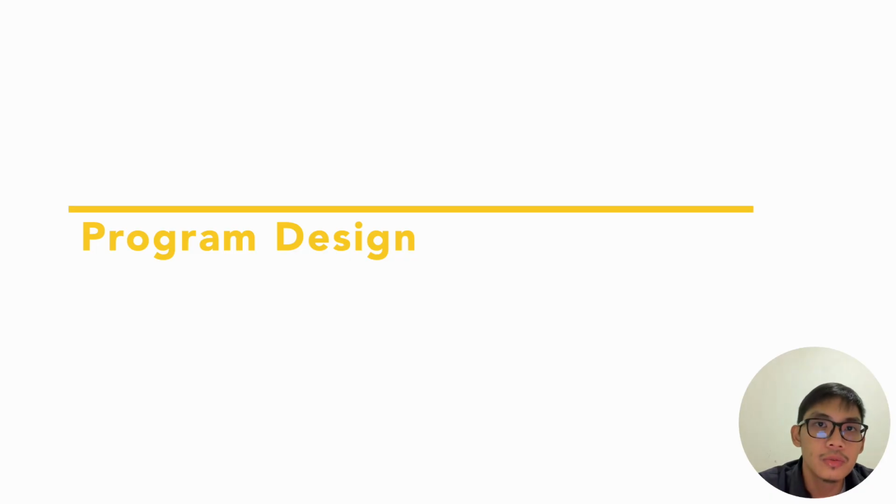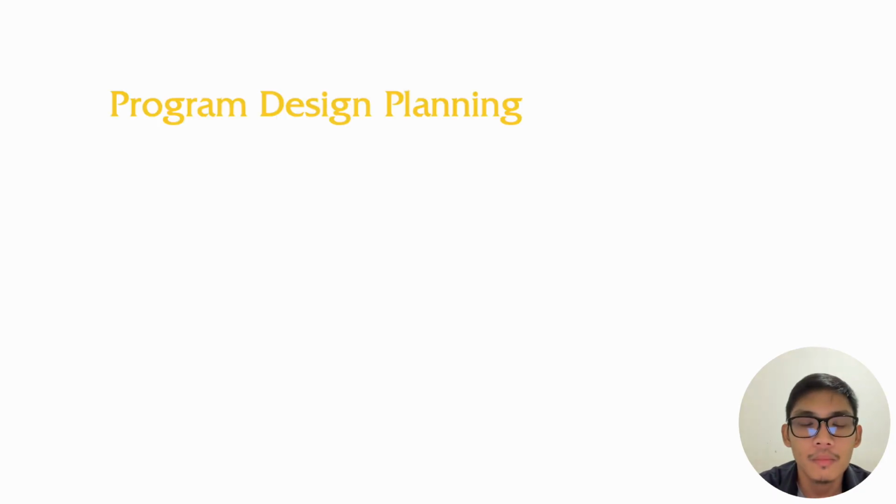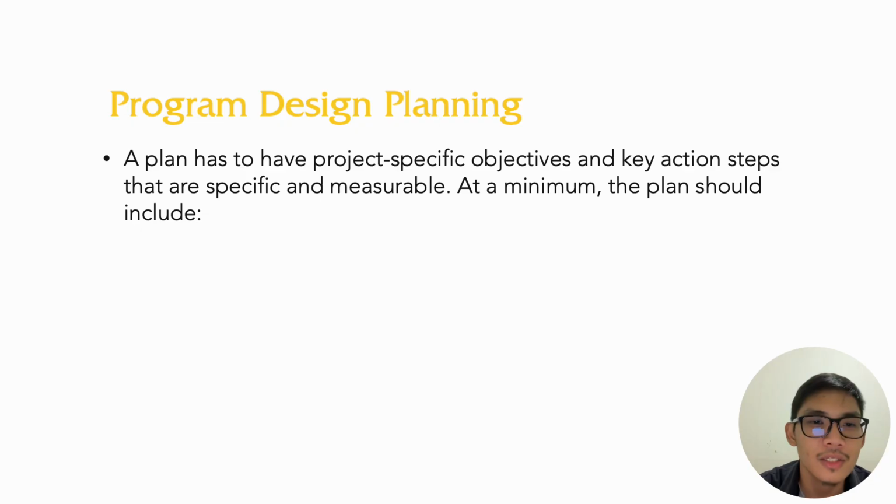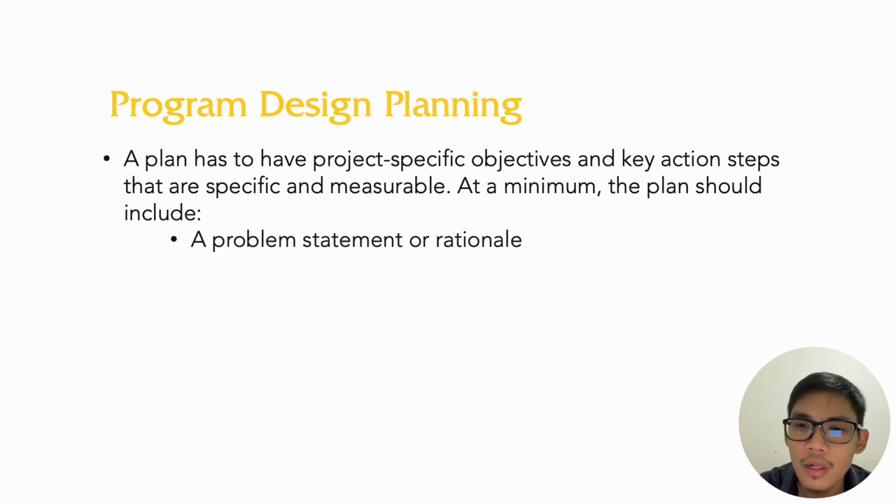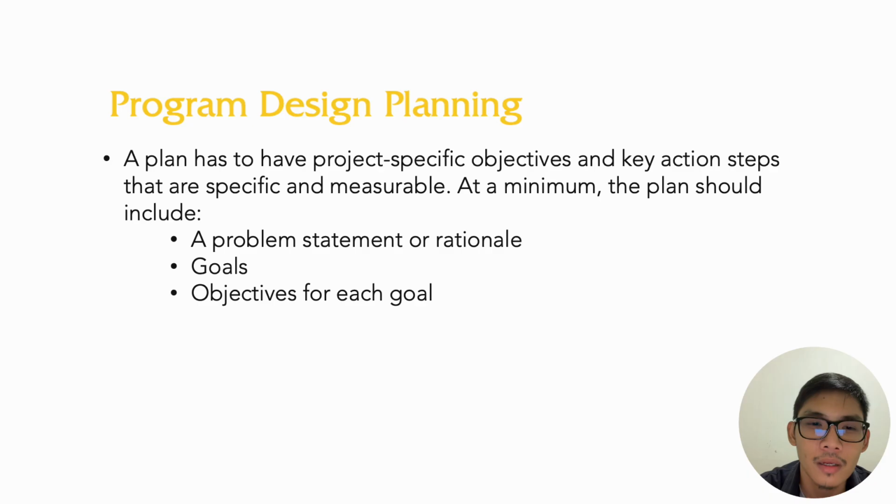Let's now proceed to program design. In program design planning, there has to be a plan or a proposal with project specific objectives and key action steps that are specific and measurable. At a minimum, the plan or the proposal should include a problem statement or a longer version of a problem statement, the rationale. There has to also be goals within the rationale. There also has to be explicit and specific objectives for each goal identified.